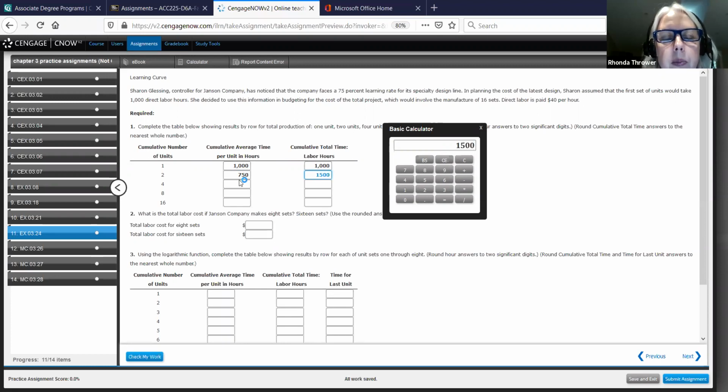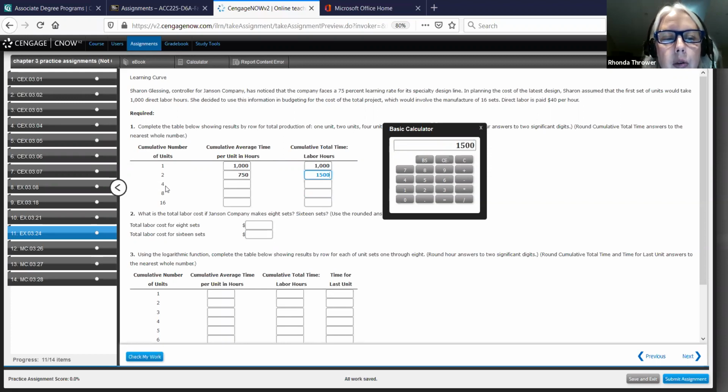So it takes 75% of 1,000 hours the second time we start to produce those units. 75% of 1,000 is 750 hours. Then we will multiply the 750 hours times 2, and that will give us the cumulative total hours. The 750 has to be multiplied by the cumulative number of units, which is 2 in that case, which will give you 1,500 cumulative total time labor hours.